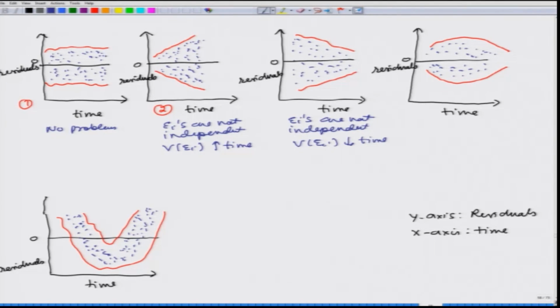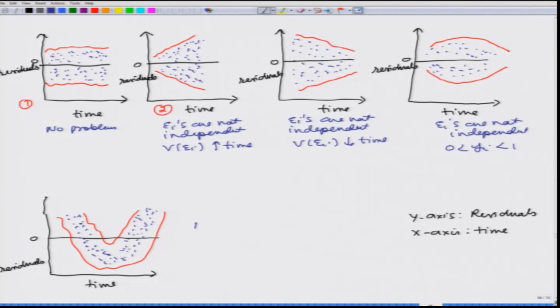Right. And similarly here also the epsilon i's are not independent, but rather we expect that the yi's are lying between 0 and 1, and this can possibly be denoting Bernoulli or binomially distributed random variables.